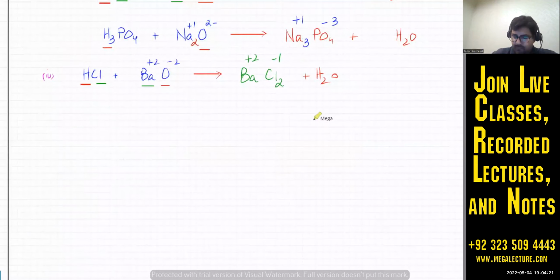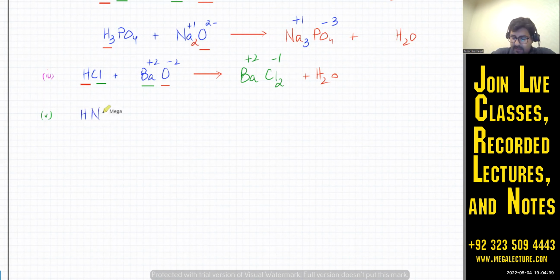So let's do one more, 5th equation, okay? Remember, most equations would be exactly the same. You just have to do this, kind of almost the same. Let's say I've got nitric acid, that's HNO3, and let's react it with iron 3 hydroxide.